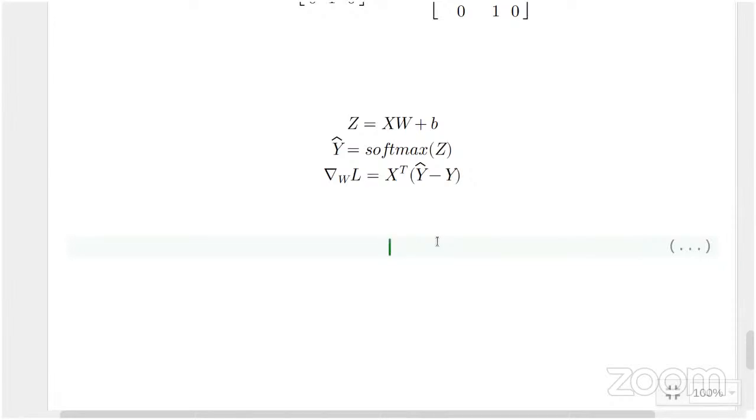It's the same softmax. So instead of using X, I'm using A capital L. Instead of using Z, I'm using Z capital L. I'm calling this Y hat, which is also A capital L.